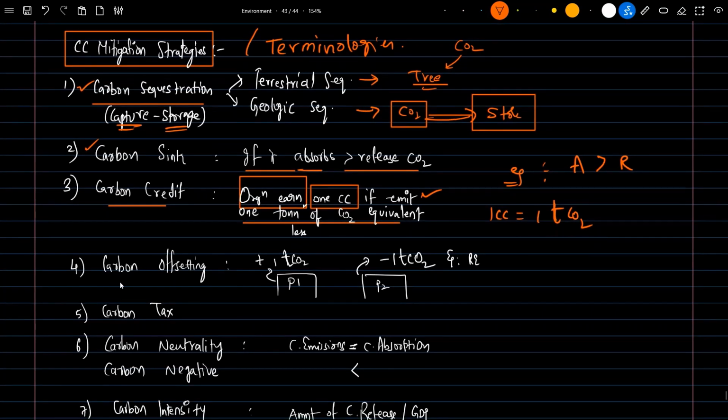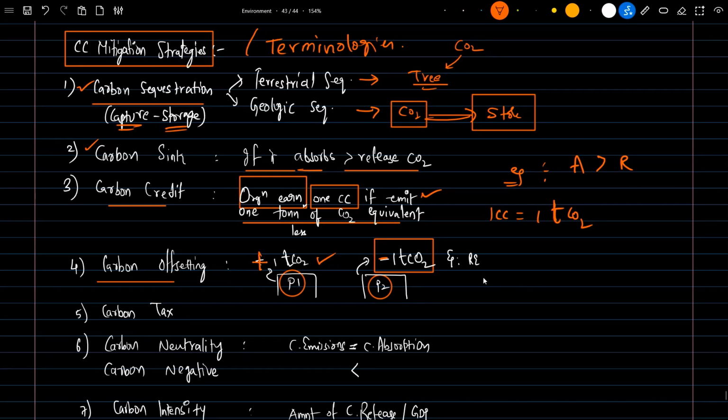Next, what is carbon offsetting? Let's say we take place one. Place one releases 1 ton of CO2, meaning plus 1 ton of CO2. And let's say there is another place which avoids releasing 1 ton of CO2, minus 1 t CO2. So basically it avoids releasing 1 ton of CO2.